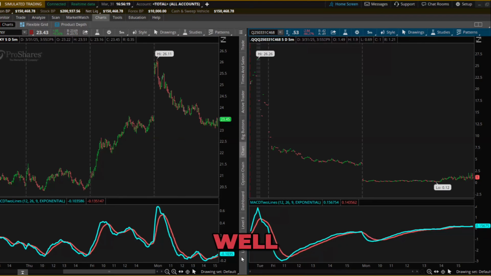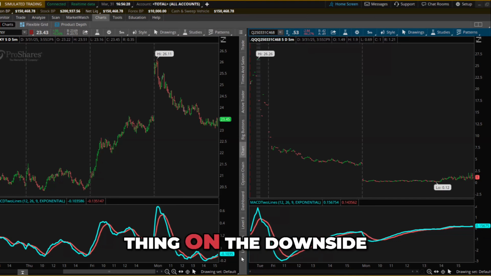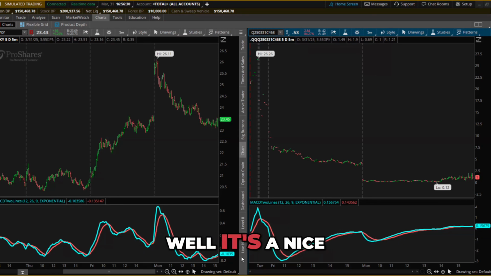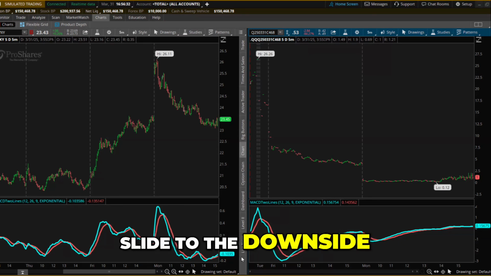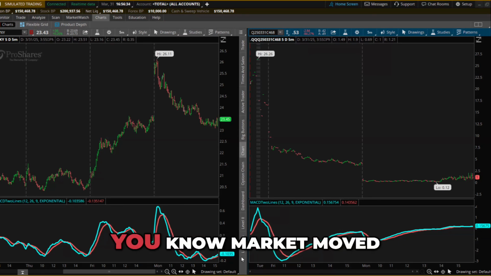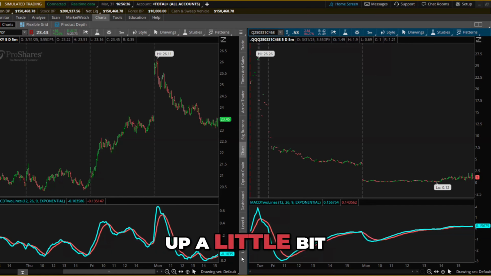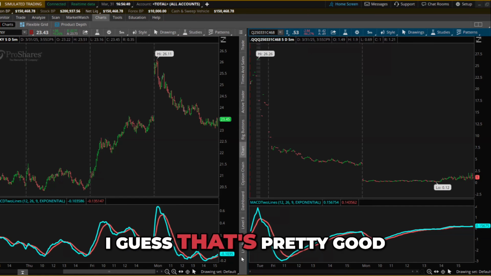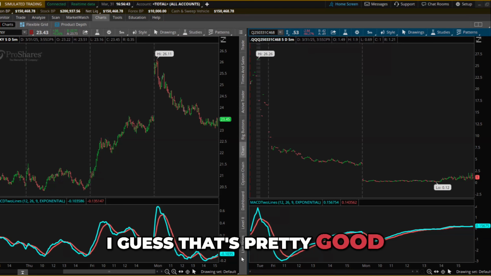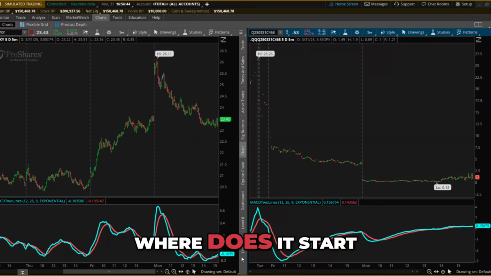Say, well, it'd be great to take advantage of it, but what are you going to take advantage of? And then the same thing on the downside. Well, it's a nice slide to the downside on volatility, and the market moved up a little bit. So I guess that's pretty good. But where does it start and where does it end?